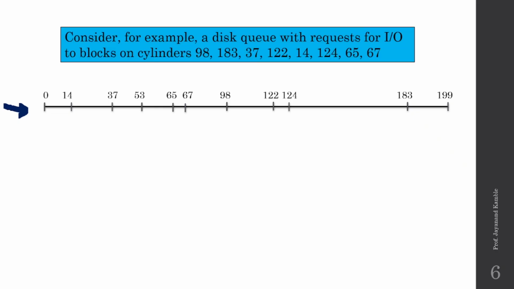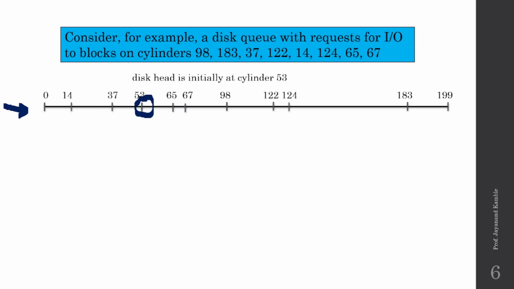Considering our example, a disk queue with requests for I/O blocks on cylinders, I have put all the cylinder numbers on the disk: 0, then 14, 37, 53, 65, 67, 98, 122, 124, 183 and 199. The disk head is initially at cylinder number 53.